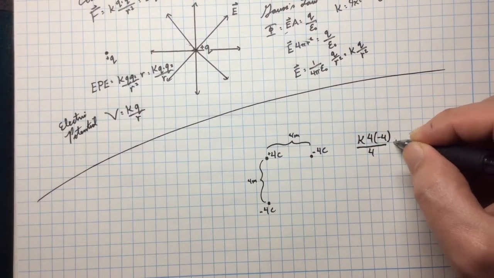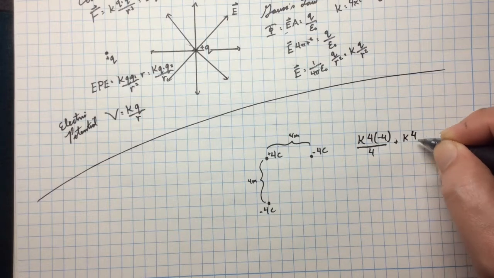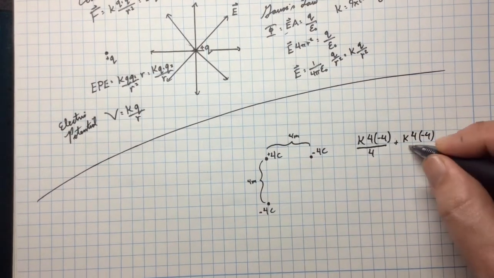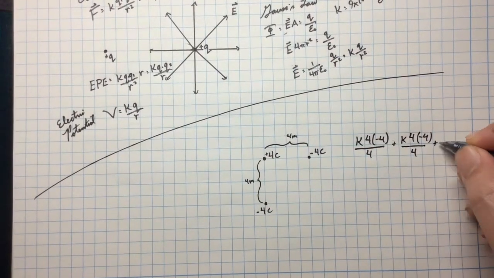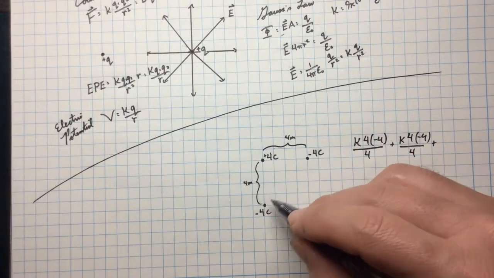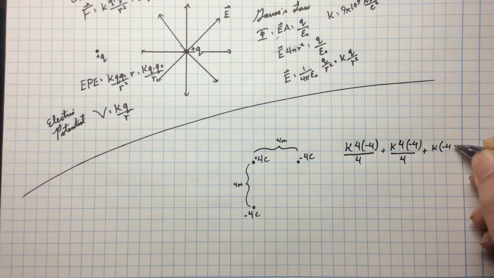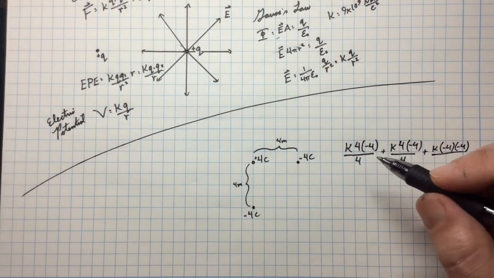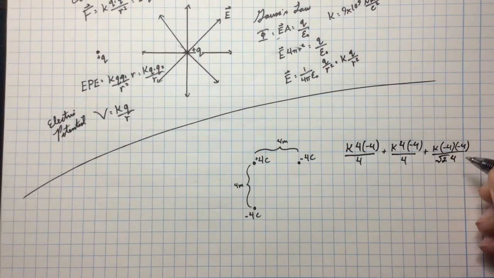We have to do another amount of energy here, which is going to be KQ, first Q, that guy, over R. And then there's got to be the consideration of these two, which is going to be K, Q, Q over R, which is not going to be 4. It's going to be 4 times the square root of 2. So square root of 2 times 4.